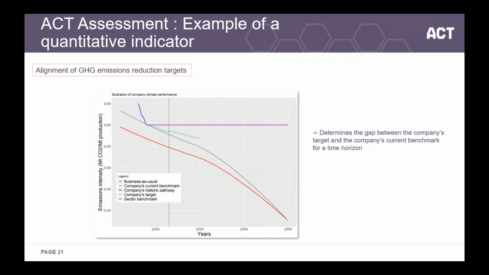The idea with this indicator is to determine the gap between the company's target, which is the green line on this figure, and the sector benchmark for a specific time horizon, which could be, for example, 2025. So we will assess this gap, and based on the quantitative number, this will give a specific note for this indicator. So that was a specific example.